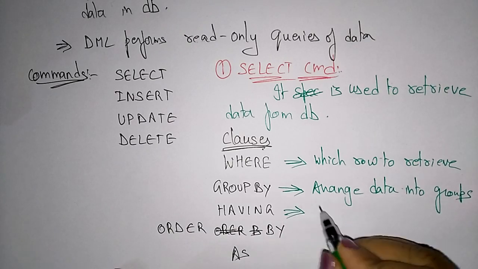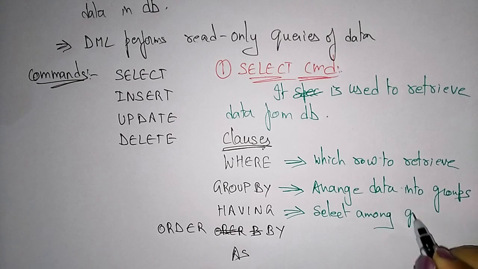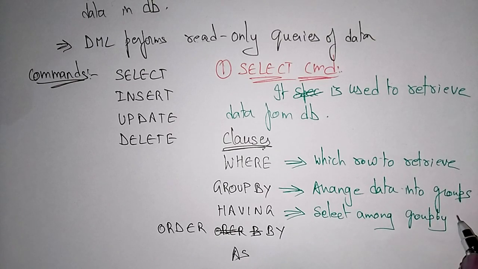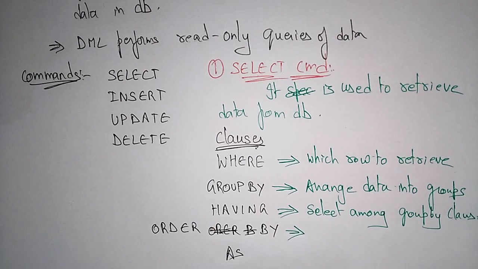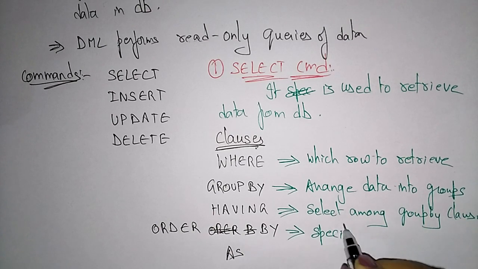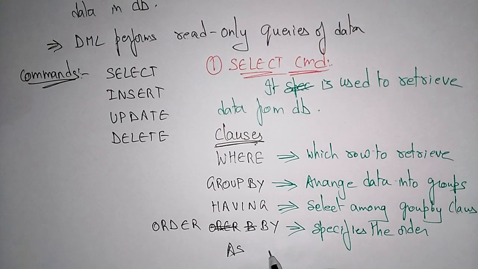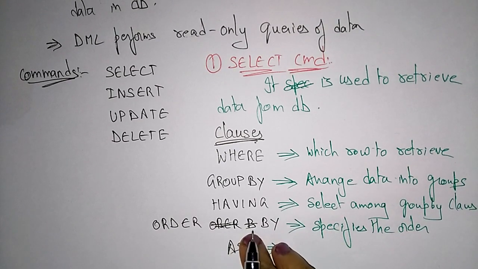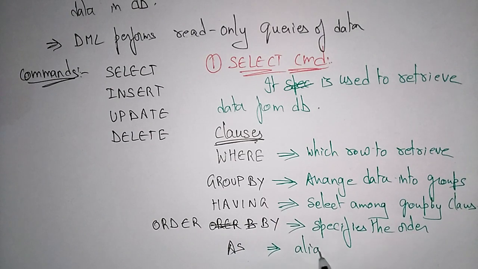The order by clause specifies the order in which the rows should appear as output. The as clause provides an alias, which can be used to temporarily rename tables or columns.